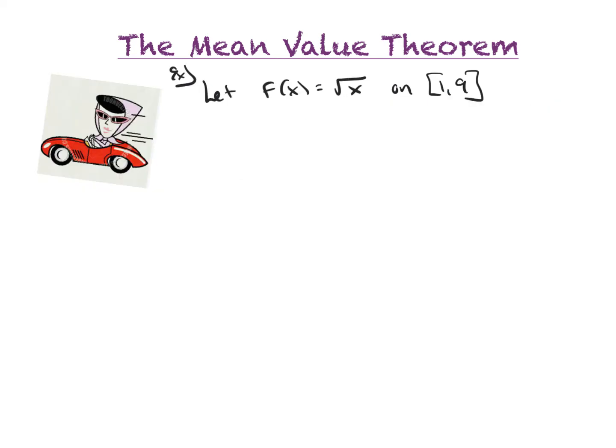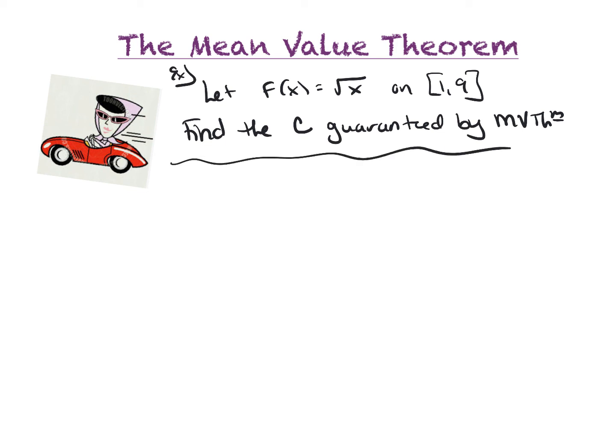Okay, let's let our function f of x be equal to the square root of x on the interval from 1 to 9. And let's find the c that's guaranteed by the mean value theorem. Okay, so if we're going to do this, the first thing that we need to do is to check and see that we can use the mean value theorem in the first place.